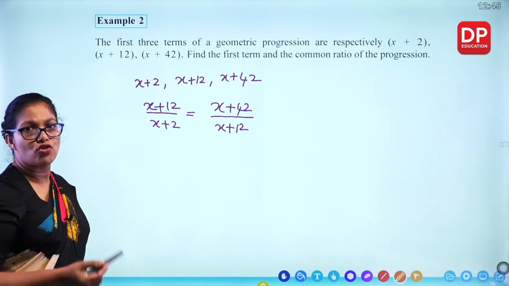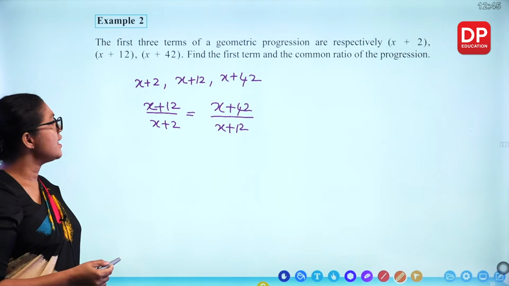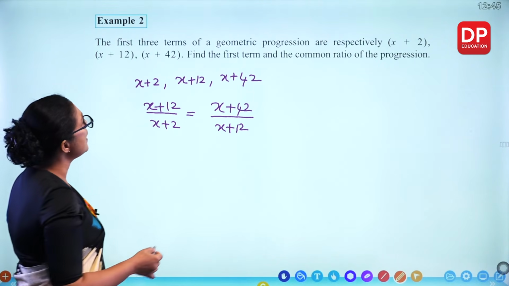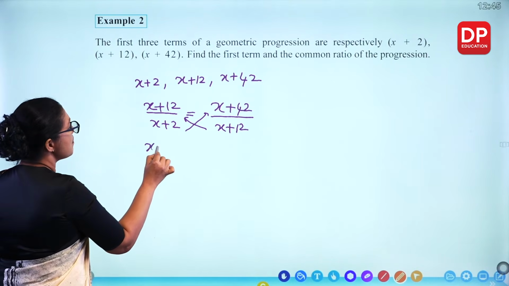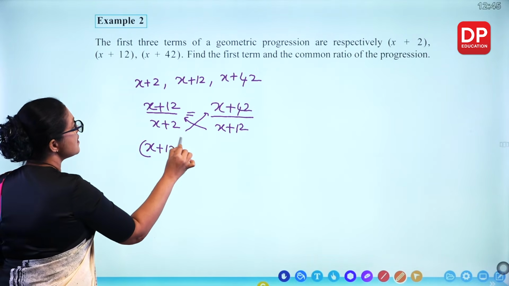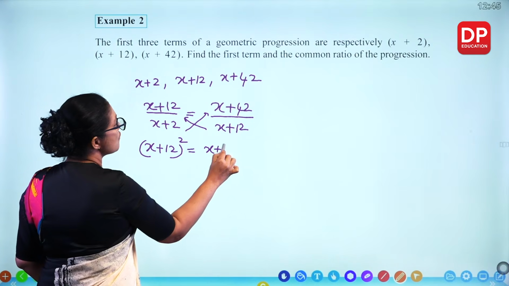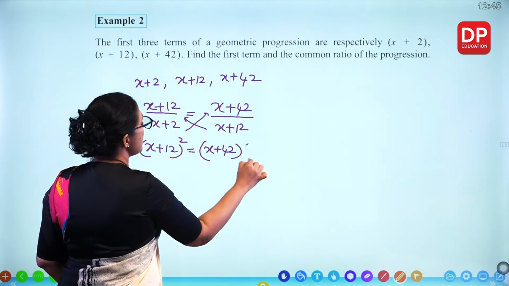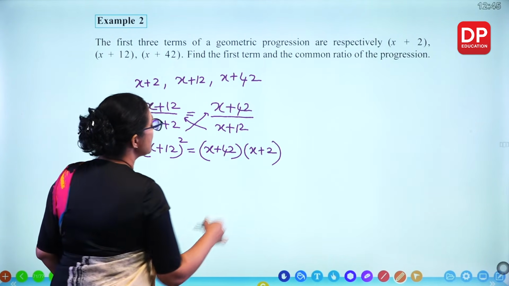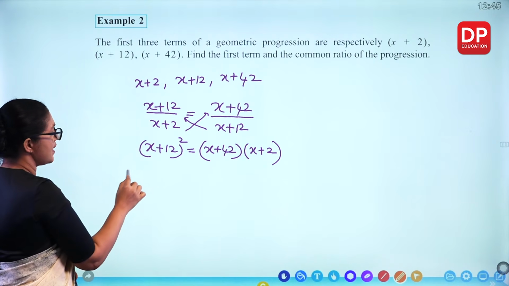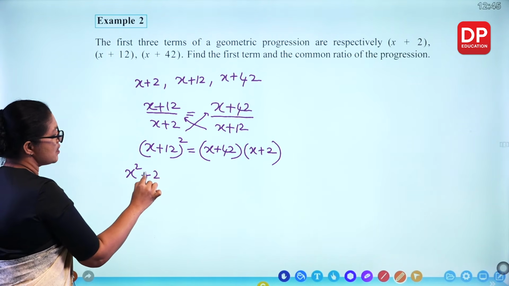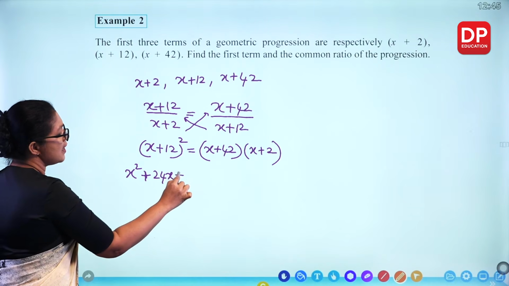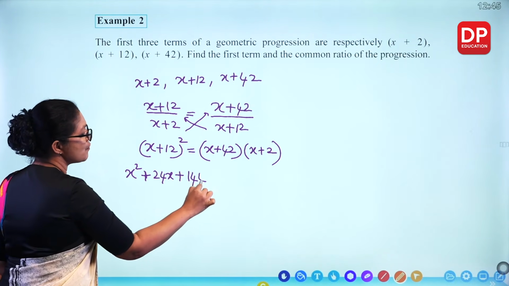Now, this is a geometric progression, so those are equal. Cross multiply and solve for x. x plus 12 squared is equal to x plus 42 times x plus 2. Expand brackets. I get x squared, double of this, 24x, 12 times 12, 144.